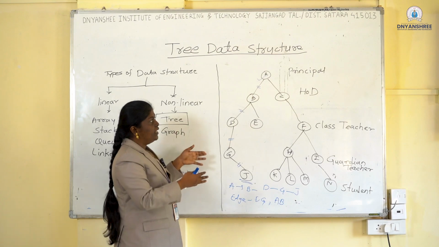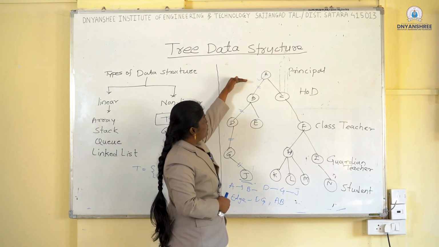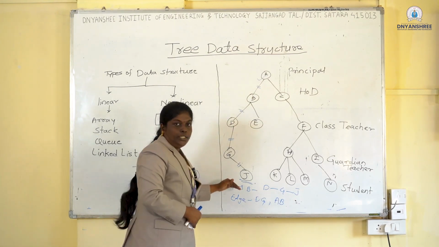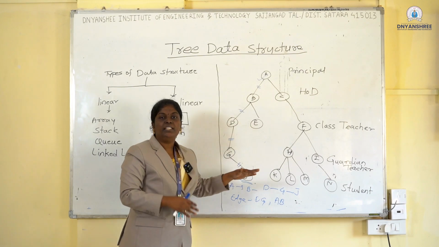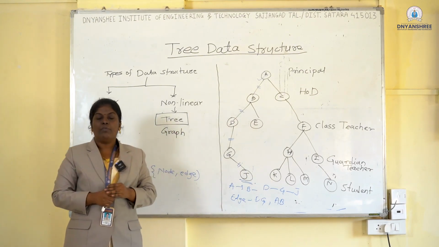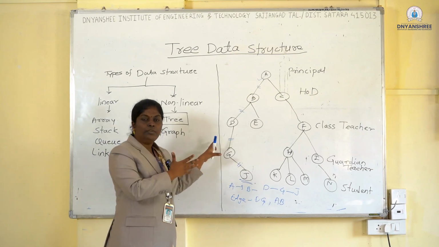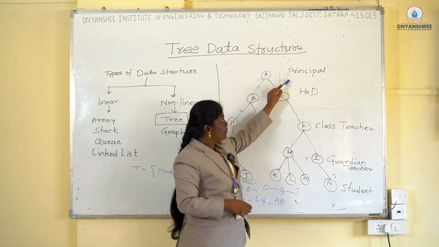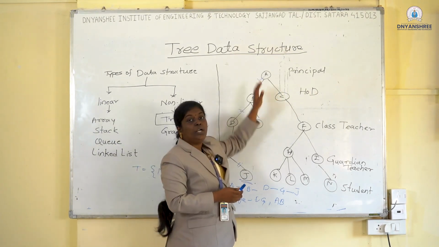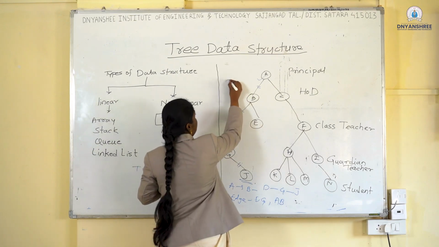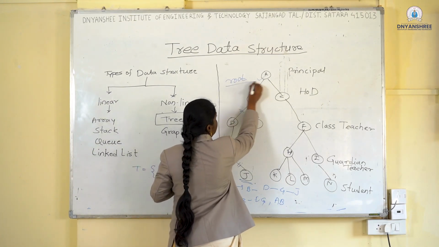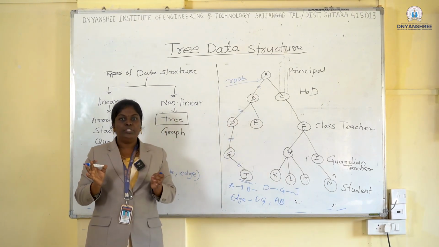So here we can understand that the system is flowing from top to bottom hierarchically. So basically a tree is a data structure where we store hierarchical data. Here we can easily understand the first node is called the root node. Just like a real tree, there is only one root for each and every tree.